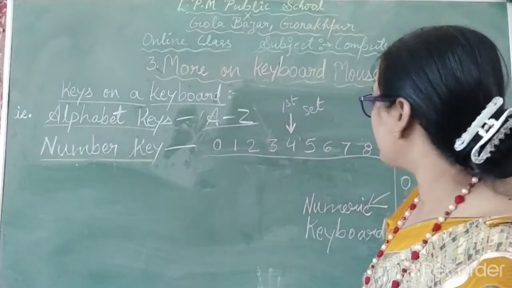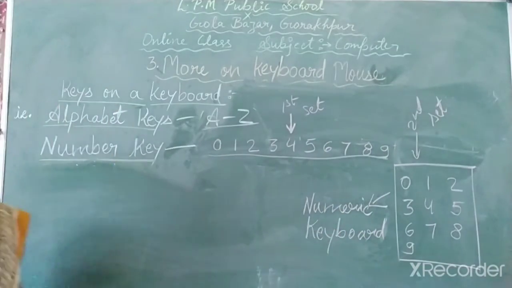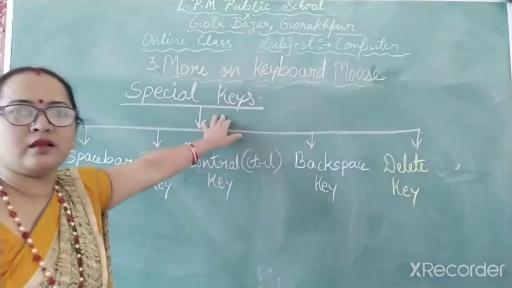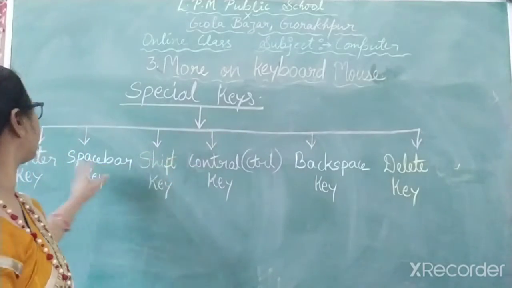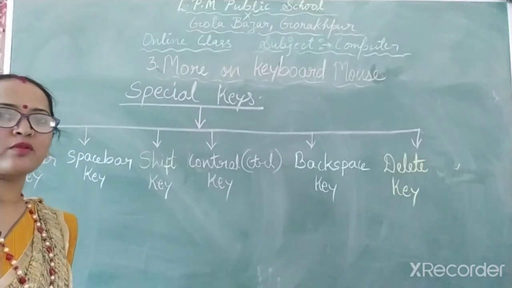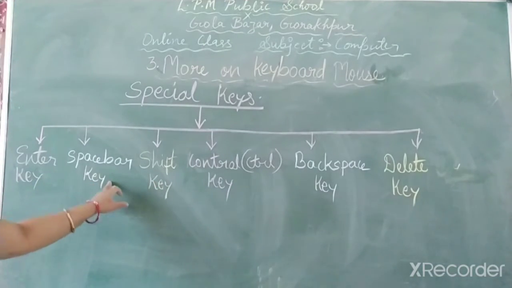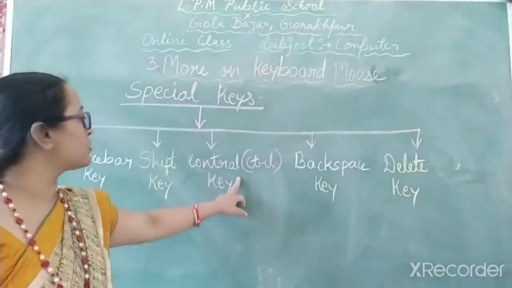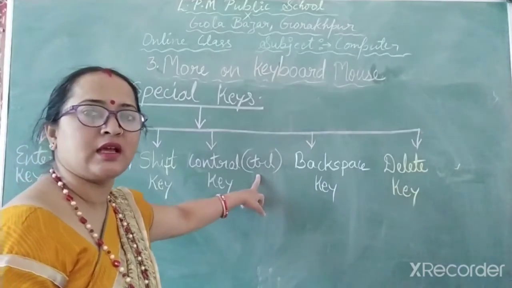Now come to the next one, that is special keys. In special keys we have 6 types of keys. What are they? First is the enter key, spacebar key, shift key, control key. Control key in the keyboard we use as CTRL.